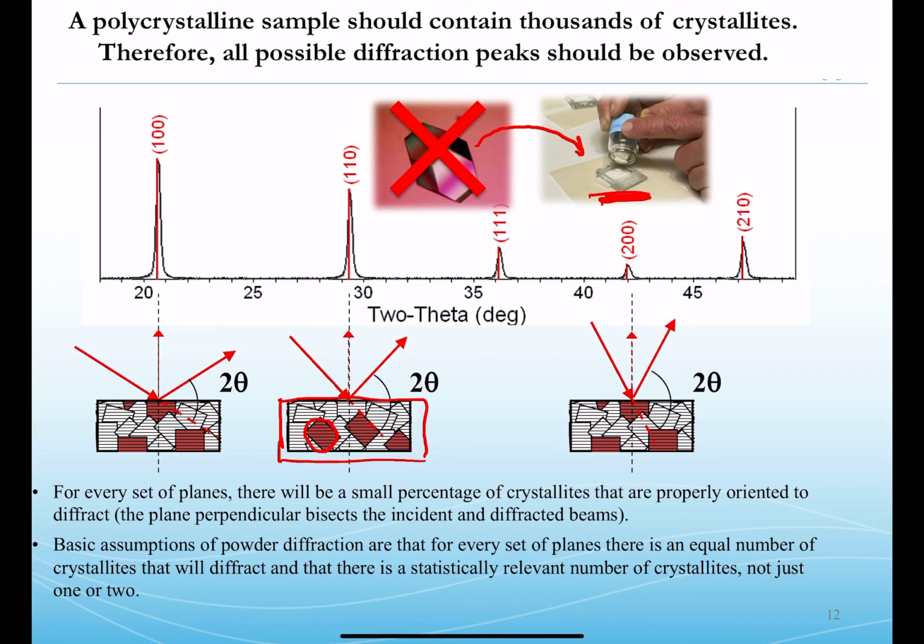This would allow families of planes, like that represented here by the 110, to now have their plane normal parallel to the diffraction vector. And now this satisfies the requirement for detecting those Bragg's law predicted intensities, in this case at the 110, and we also see the 111 present as well. Okay, so powdered samples give more information in X-ray diffraction.